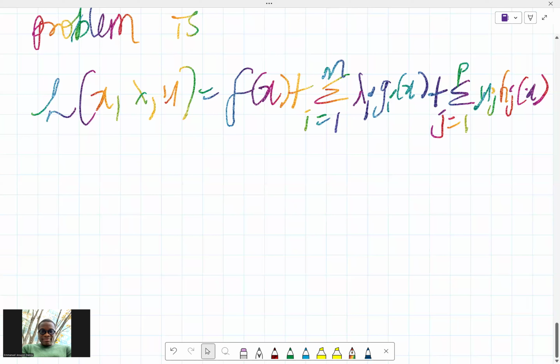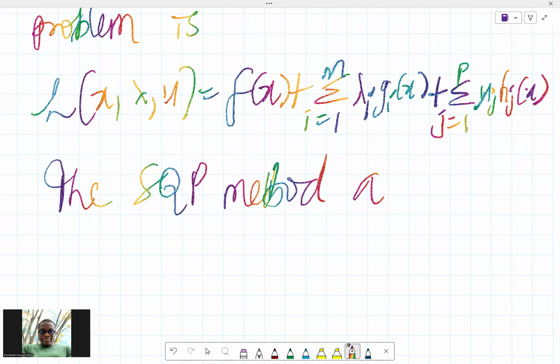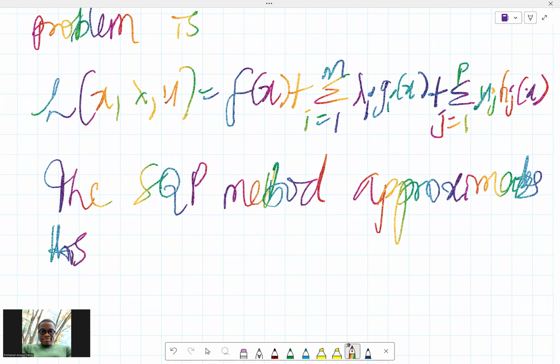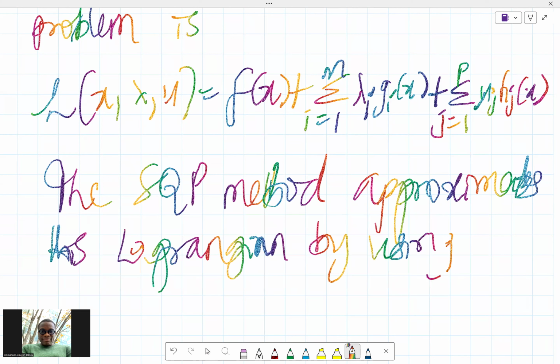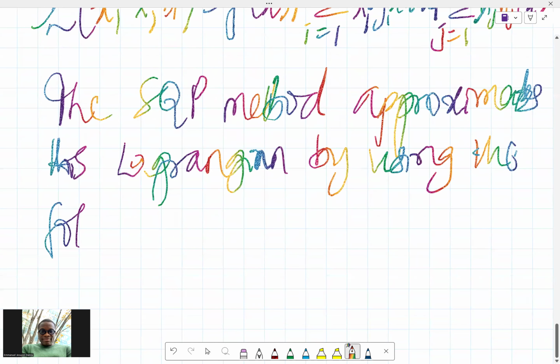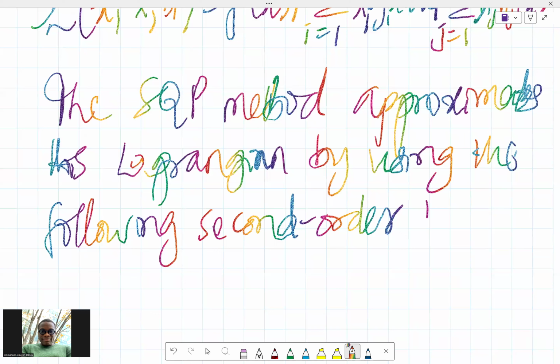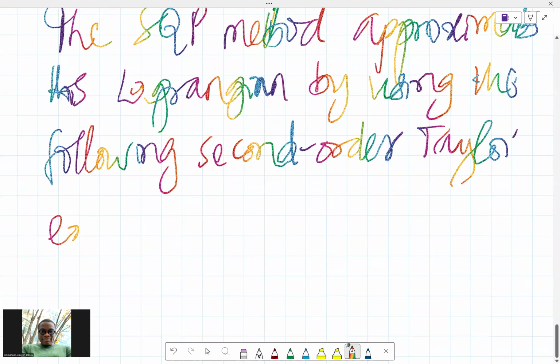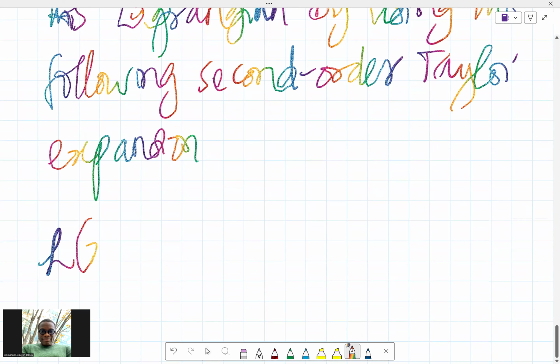Okay, so the SQP method approximates this Lagrangian by using the following second order Taylor expansion. So we have a bit of extension of the x.